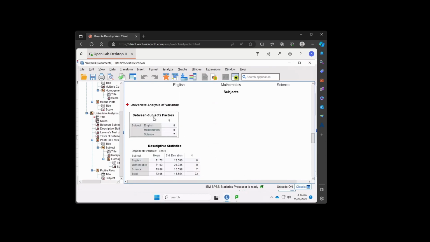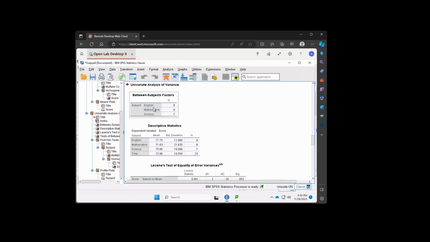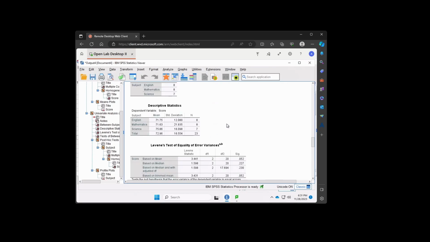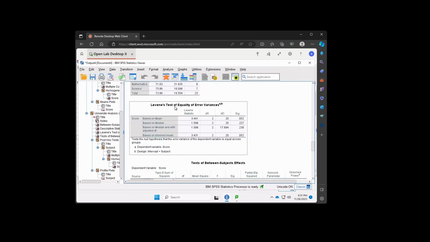So if you look at between-subjects factors, you can see the N, which actually means the size of the subject groups for English, mathematics, and science. And in Levene's test of equality of error variances, we can see that it is 0.052, which means that it is larger than 0.05.